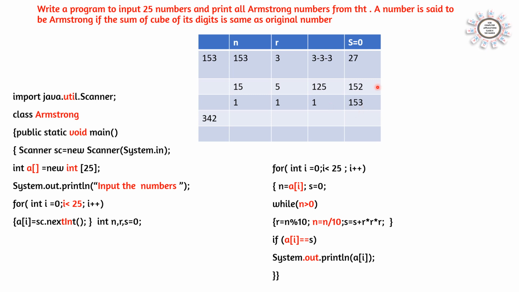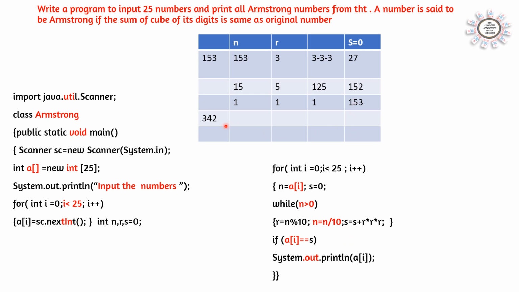So in s, we got the sum of the cube of the digits. And now check if a of I is equal to s. A of I we haven't changed anything, so it is the same. The changes have come in the variable n, not in a of I. And here we are checking if a of I is equal to s. If the numbers are same, then print the number. Otherwise, no need of printing the number.